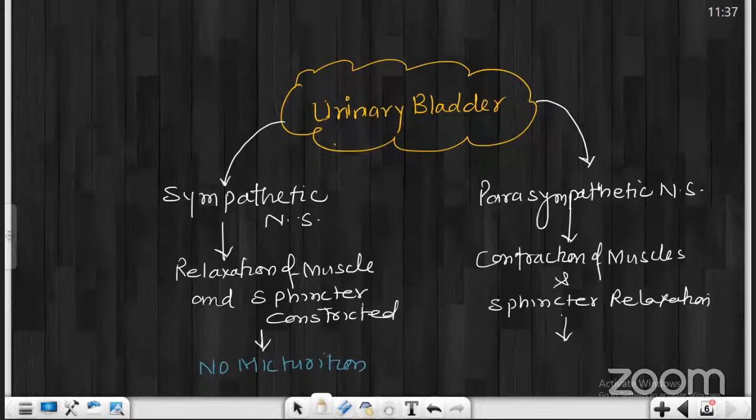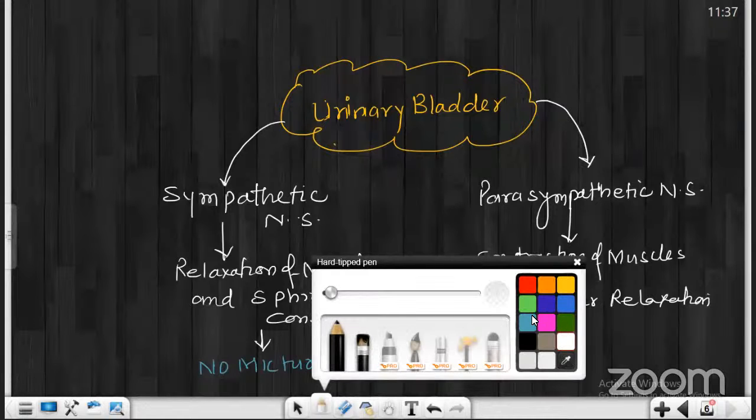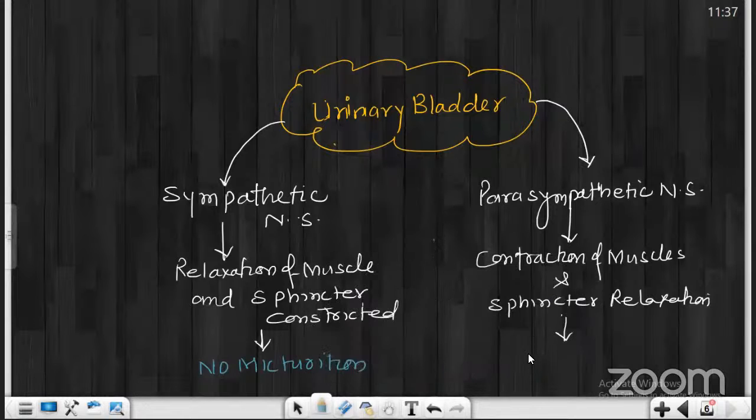Release of urine. Micturition. So this is about the urinary bladder.